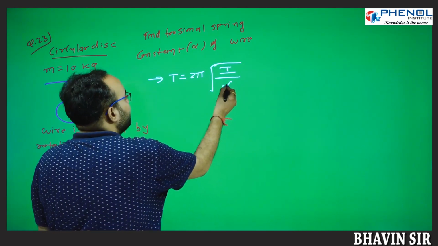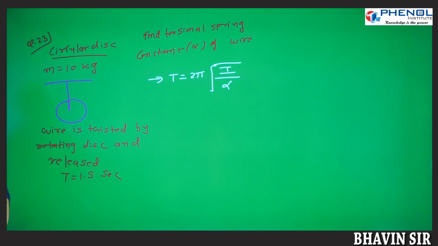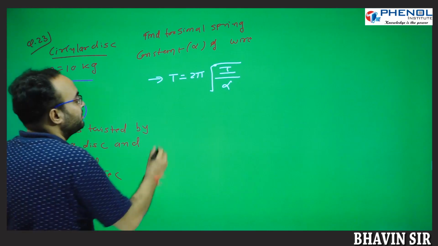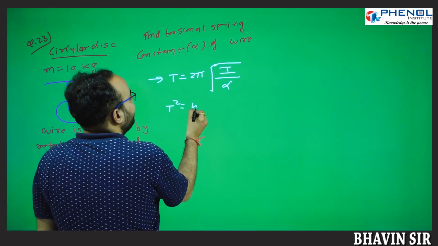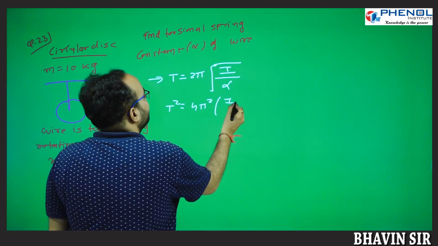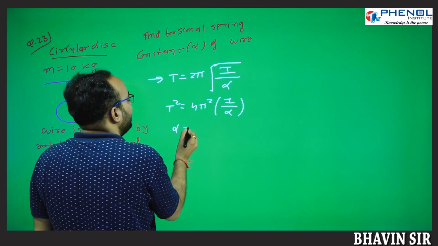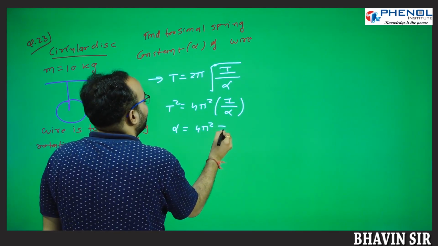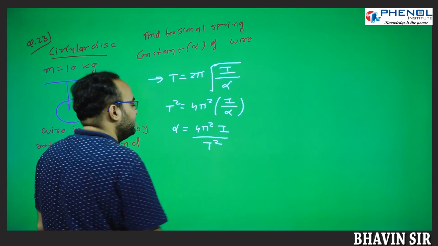T is equal to 2 pi under root I by alpha. Chalo, now we want to find alpha. So take alpha as the subject, square on both sides. So alpha is equal to 4 pi square I upon T square.